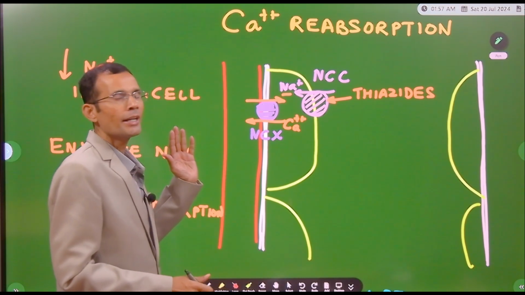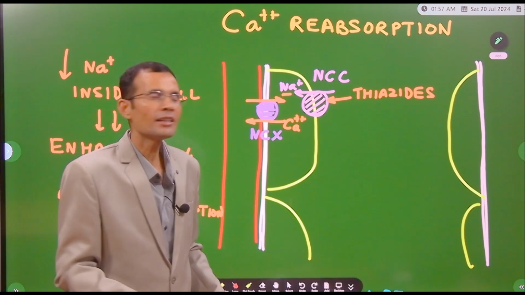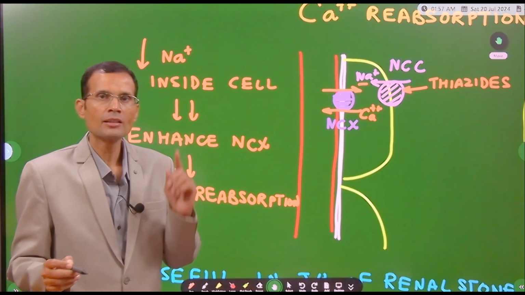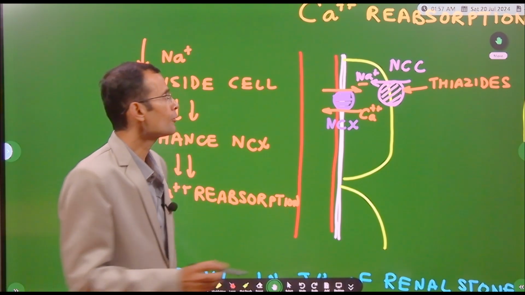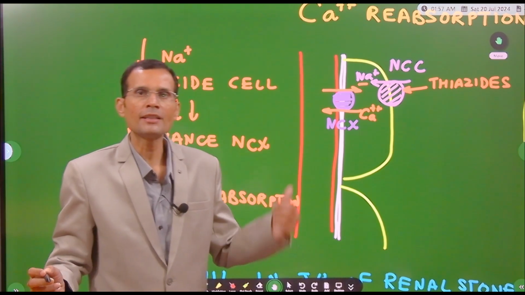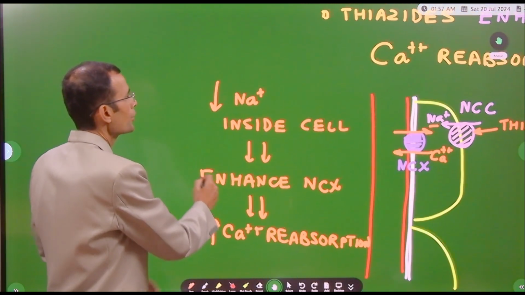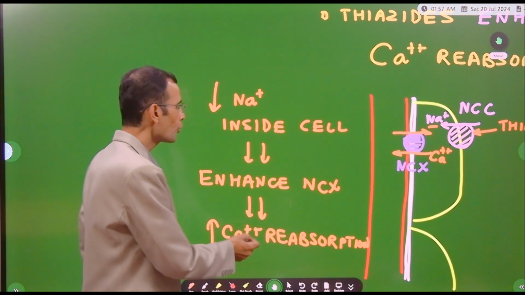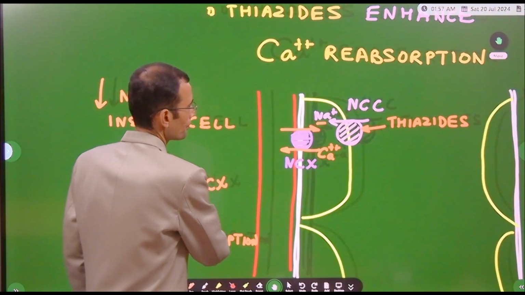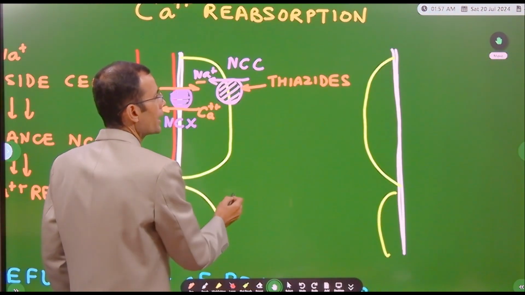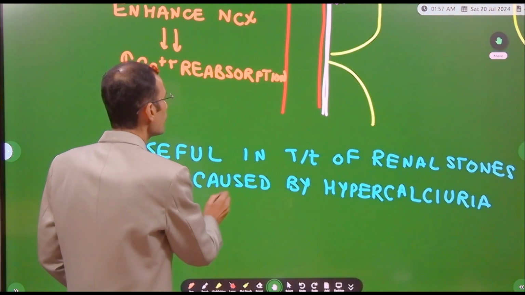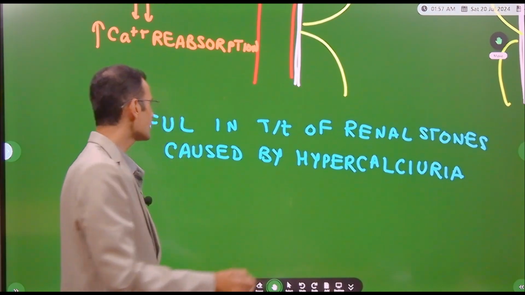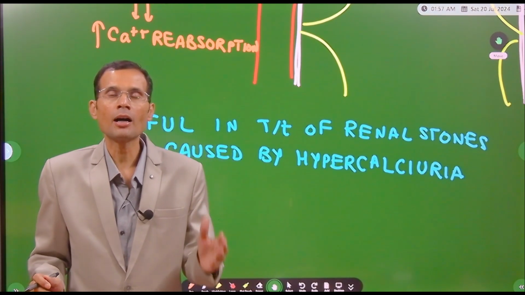Loop diuretics decrease the calcium reabsorption. Thiazides increase the calcium reabsorption by increasing the activity of NCX, which is a fallout of binding to the NCC transporter. Right. So sodium inside the cell decreases, therefore enhanced NCX activity and therefore increased calcium reabsorption. So that's an important distinguishing feature, and therefore these diuretics are useful in the treatment of renal stones caused by hypercalciuria.